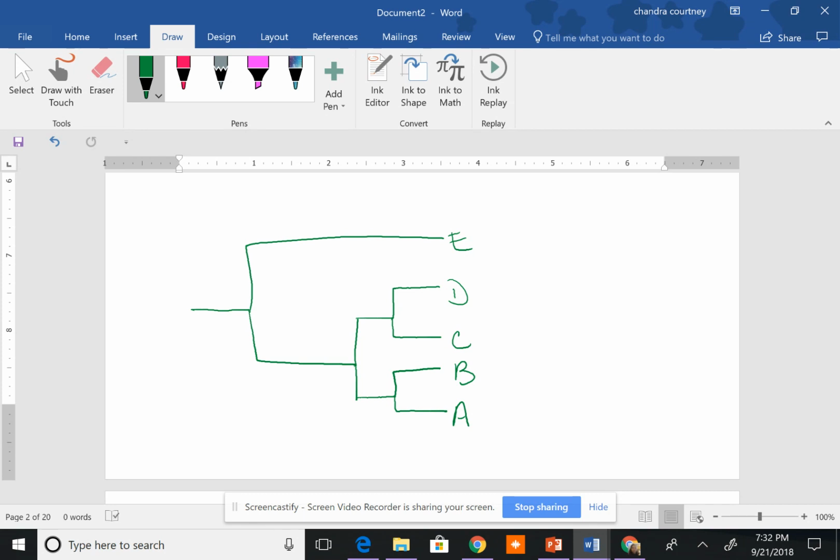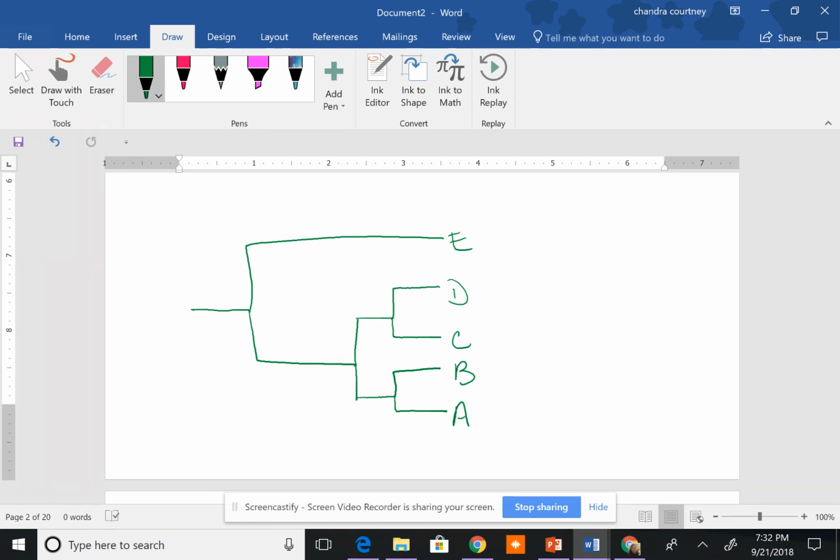But now I want to talk about what's happening at these branching points. Every time you get to a branch point or a node, we've had a divergence event. We've had something that took one single group of organisms and caused that group to split into two descendant or two different groups from the original. So that's what's happening at each of these nodes or branch points.